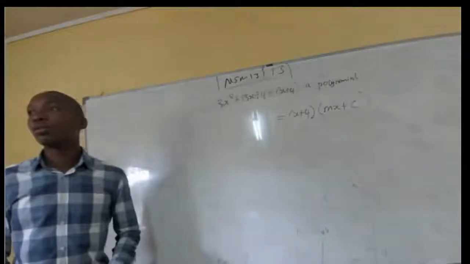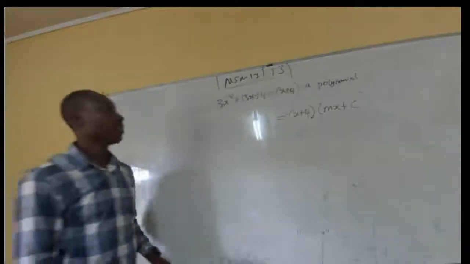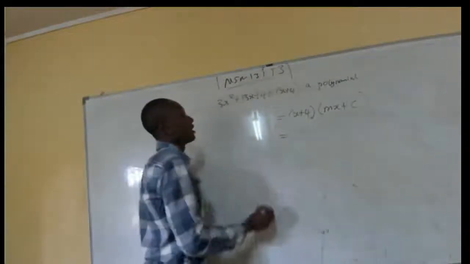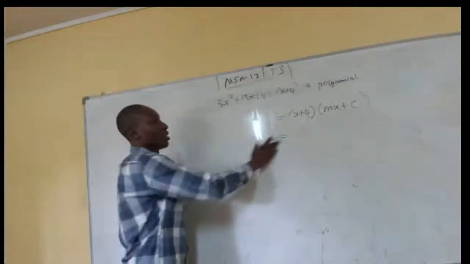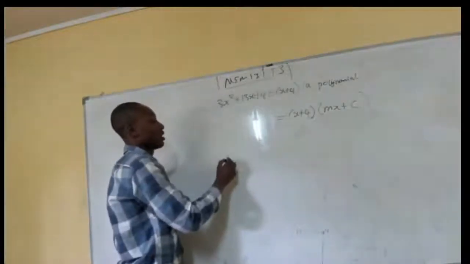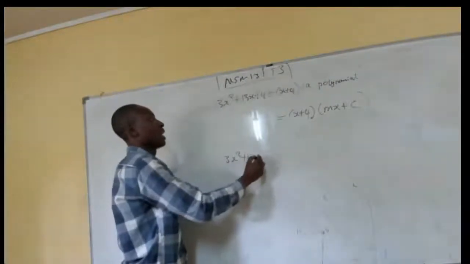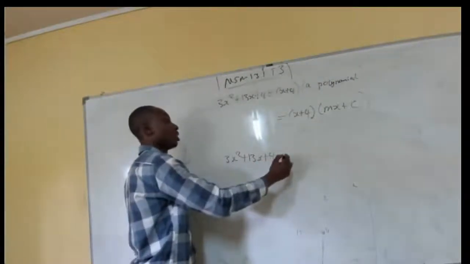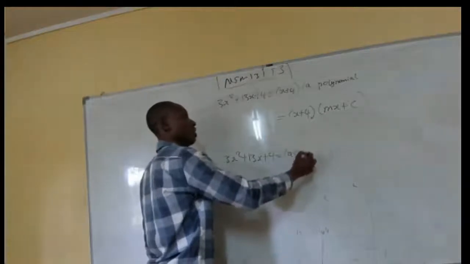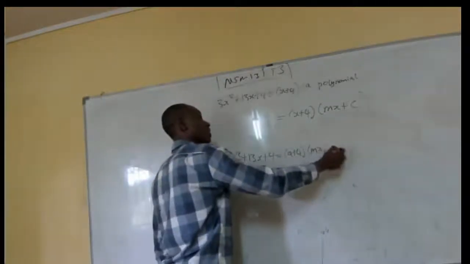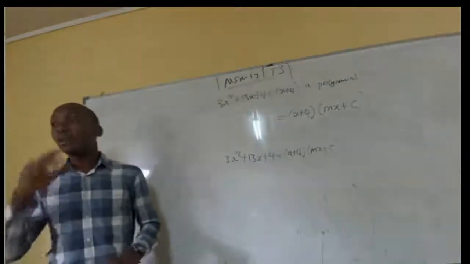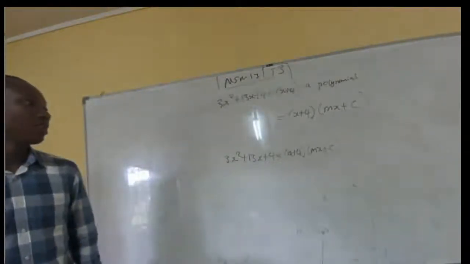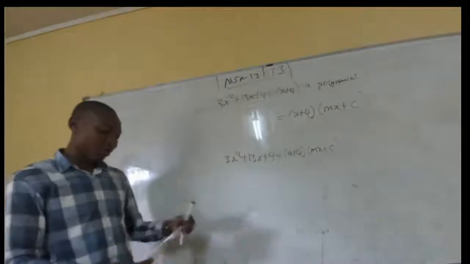Then we're saying this should be equal to the other side, the quadratic. So 3x squared plus 13x plus 4 should be equal to x plus 4 multiplied by mx plus c.